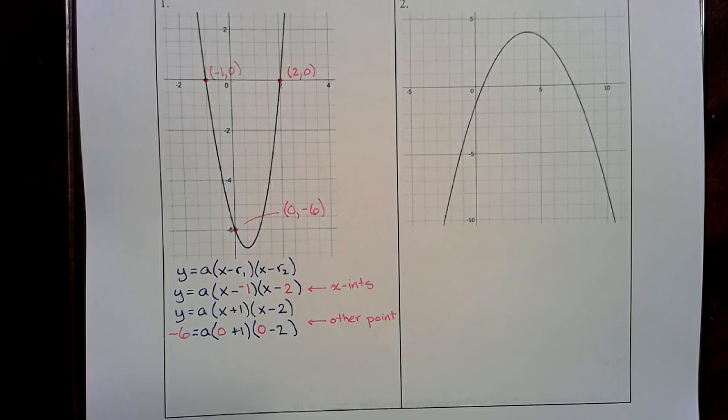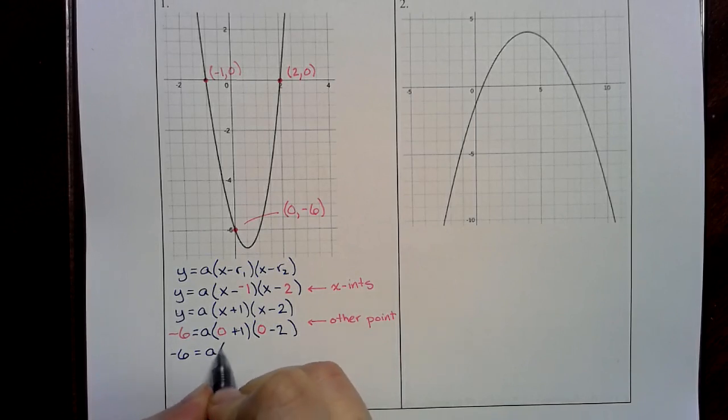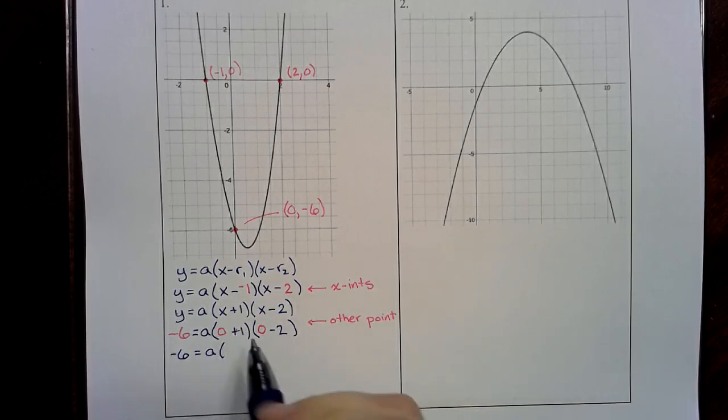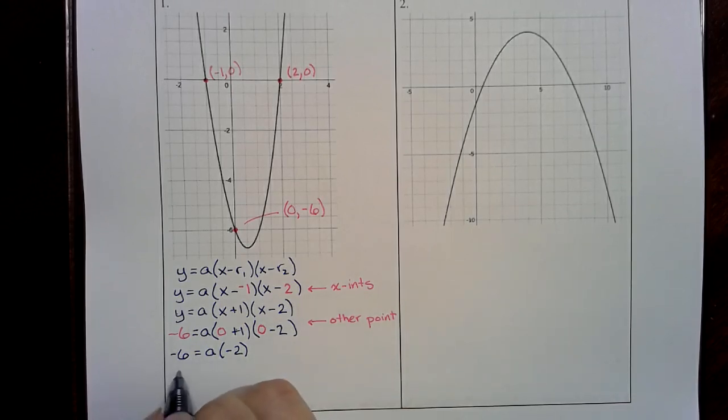So once I plug in that other point, I'll find that -6 is a times 1 times -2, so -2a. If I divide by -2 on both sides, I will find that my a is 3.